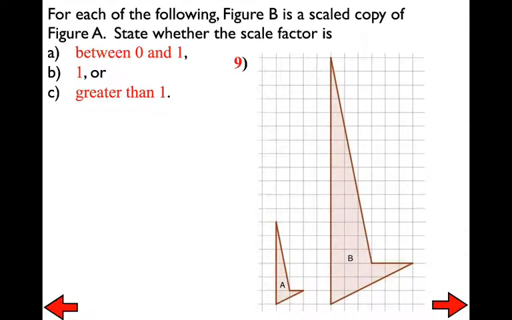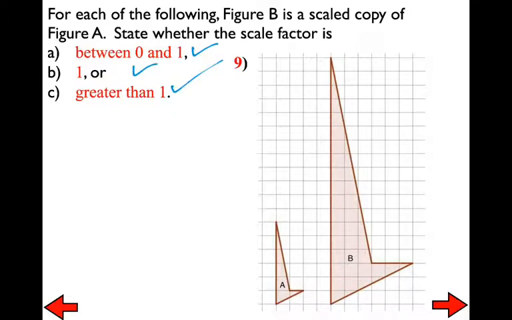For each of the following, figure B is a scaled copy of figure A. State whether the scale factor is between 0 and 1, which, remember, means that the shape is getting smaller, or if it's 1, meaning they stay the same, or if the scale factor is greater than 1, which means the shape got bigger.